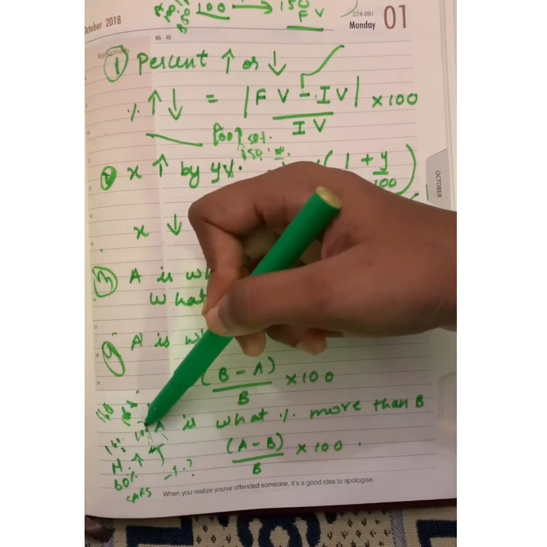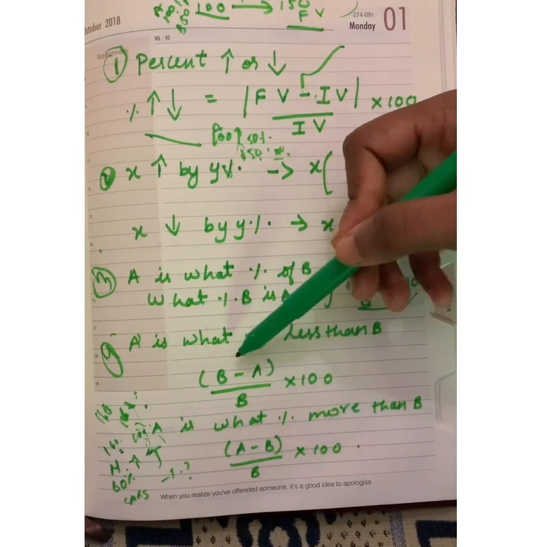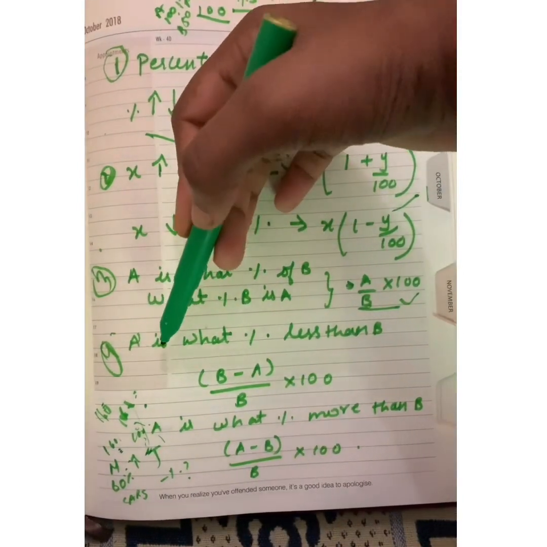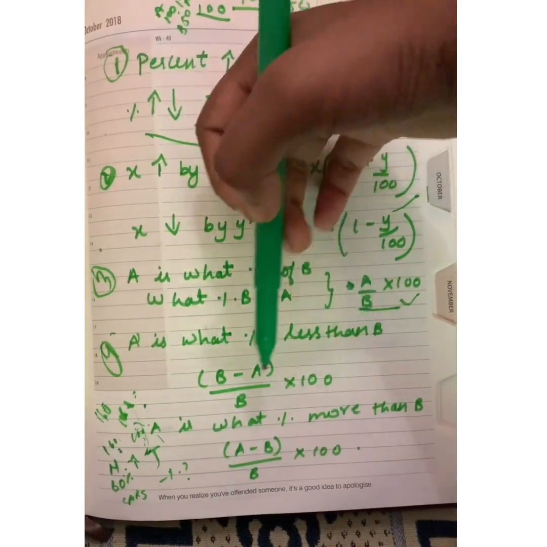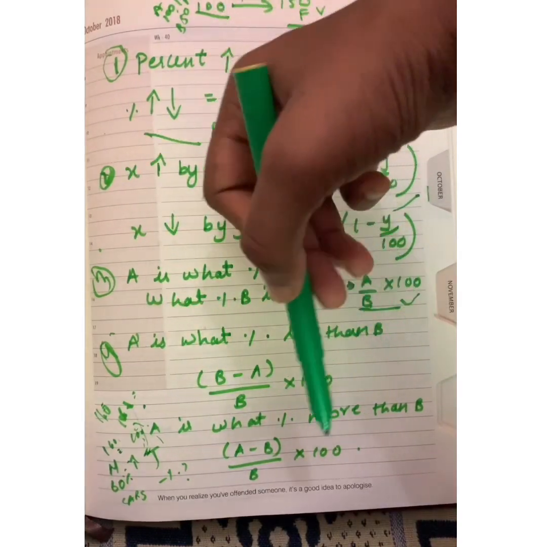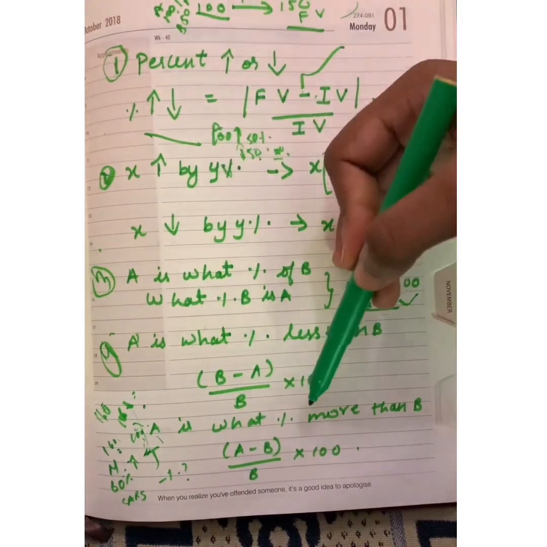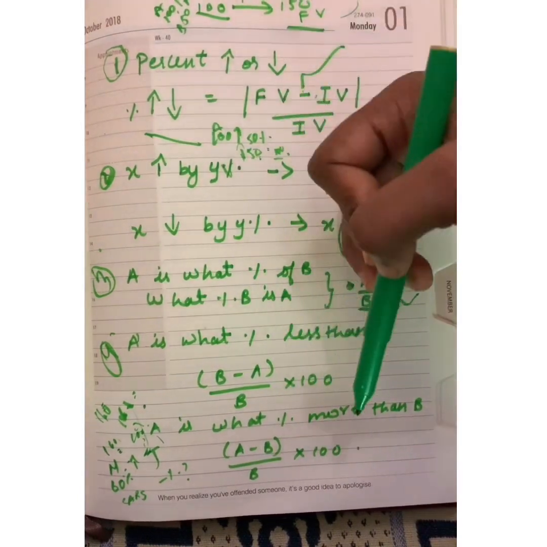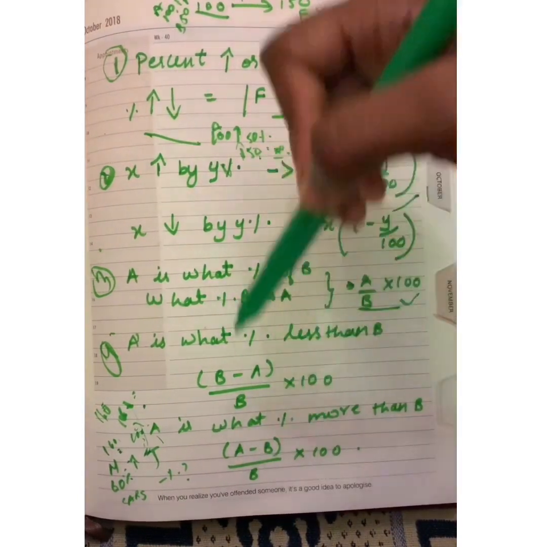So it is B and this is A. When you substitute in this formula, you will get the answer. A is what percent less than B: B minus A by B into 100. And A is what percent more than B. When they ask you more than or less than, you have to note that and substitute in the basic formulas.